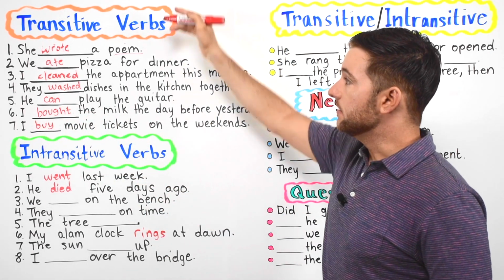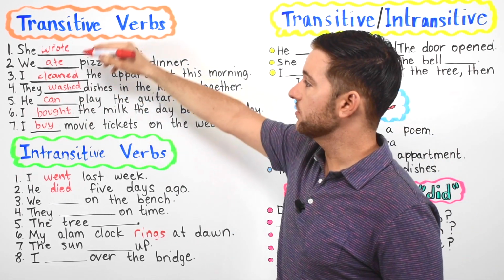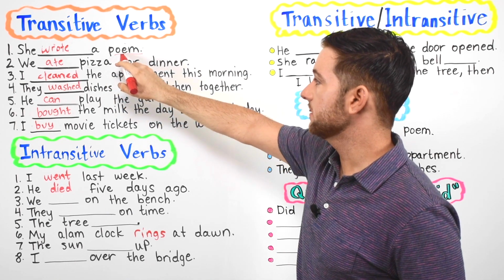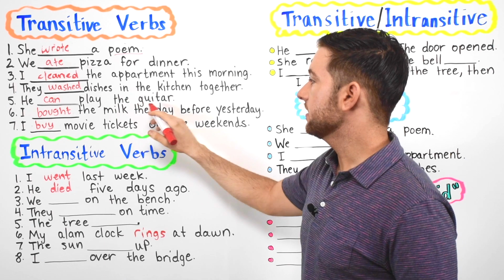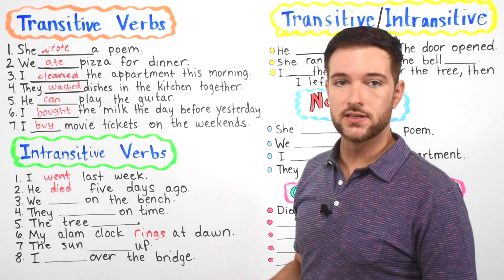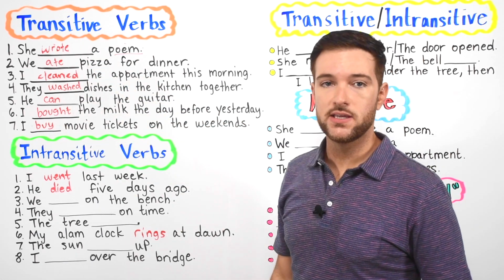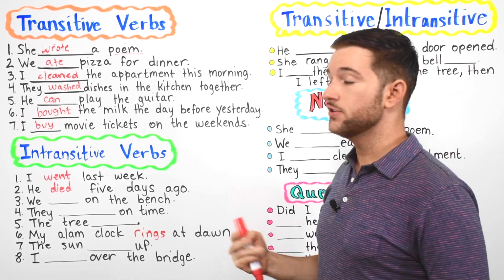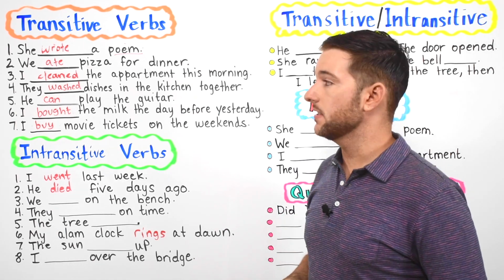So these are known as transitive verbs, because they perform an action on an object. So the objects are poem, pizza, apartment, dishes, guitar, milk, and movie tickets. These are objects, and these are the verbs that perform the action. So as you can see, these are sentences in which the object receives the action by the verb.